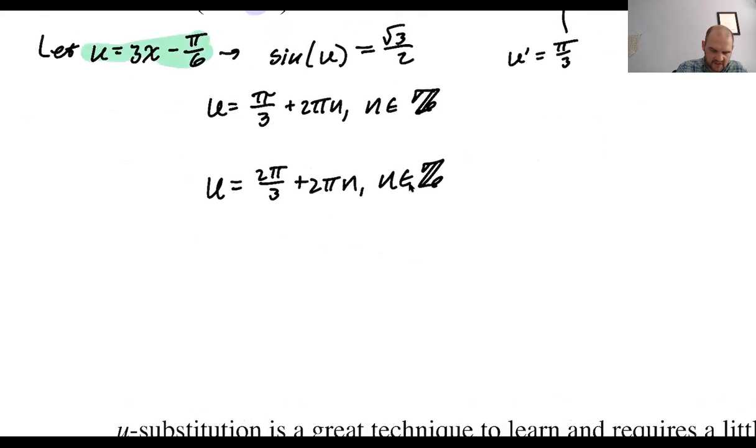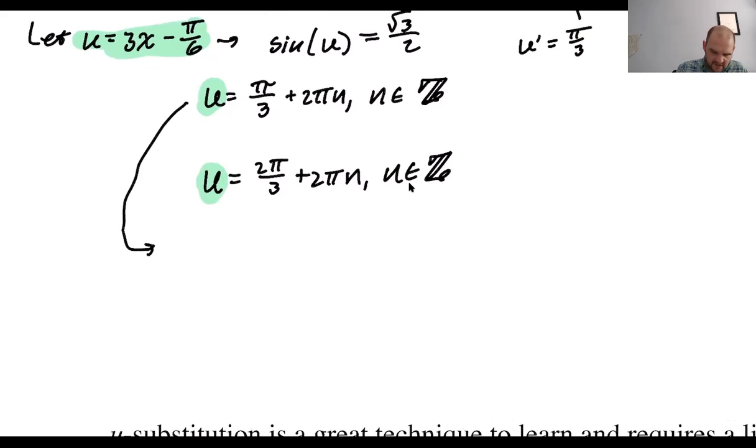So we're going to make this substitution for every u that we see. So I'm going to take this down here and say 3x minus pi over 6 equals, and we need a common denominator to efficiently do the math. So I'm going to change this from pi over 3 to 2 pi over 6 plus 2 pi n.